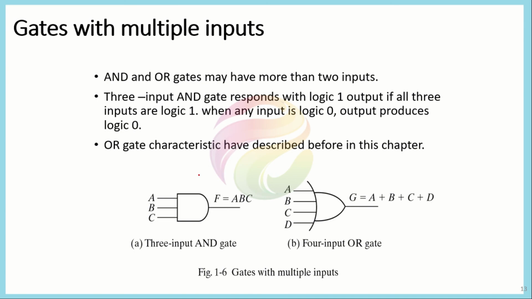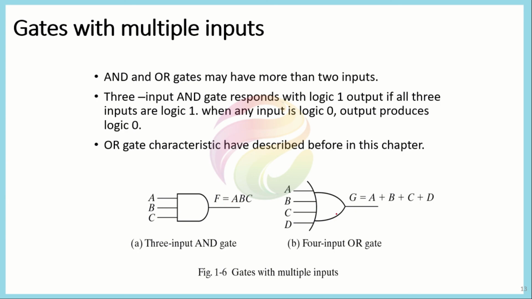The change is that for a 3-input system, only when all 3 values A, B, and C are equal to 1 will we get the output equal to 1. If one of them is 0, then we will get 0.